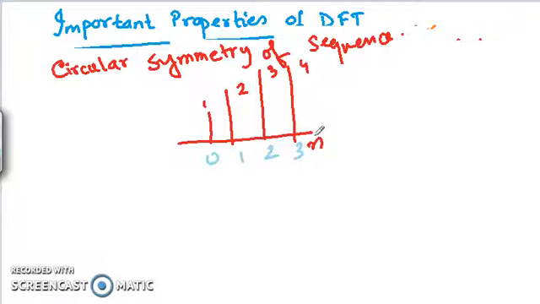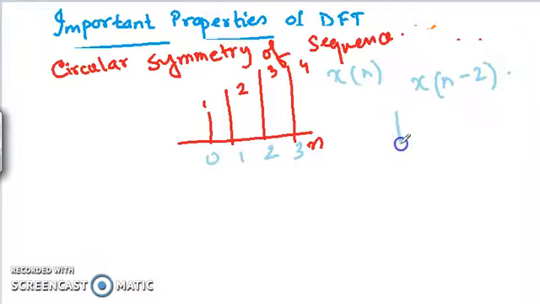Suppose this is x of n and I want to make it x of n minus 2. What is going to happen? The sequence will start after 2 points from 0.